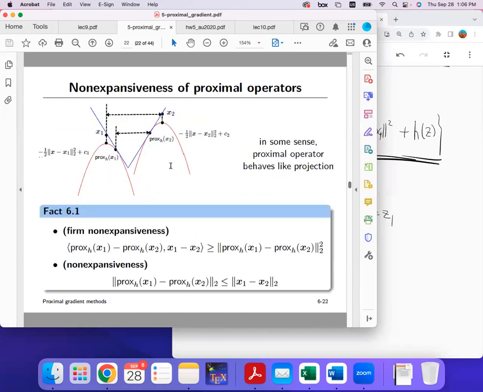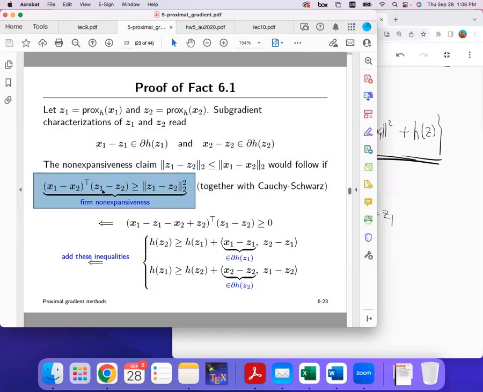If you go back to the firm non-expansive property, it says that the inner product between the difference of the proximal points and these two points is bigger than the distance squared. So here Z1, Z2 are these proximal points. Okay. So this is what we want to prove.